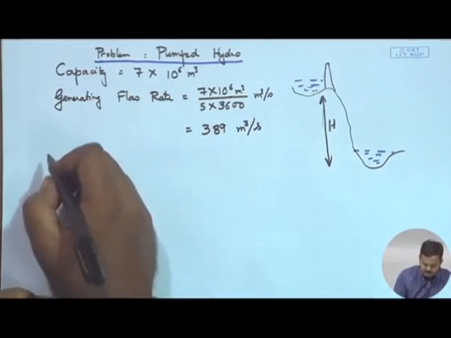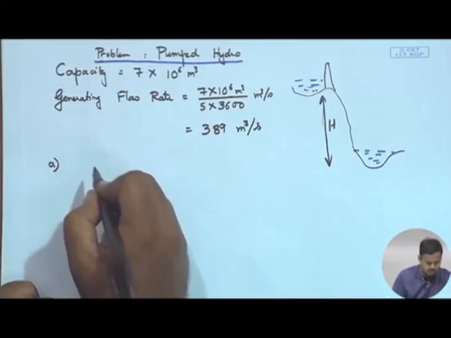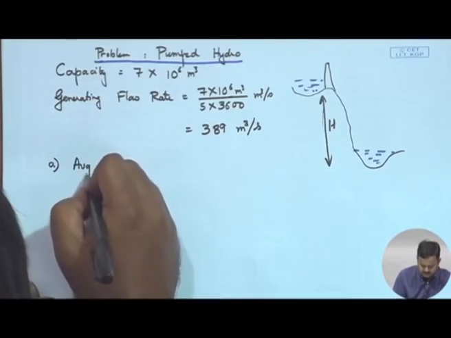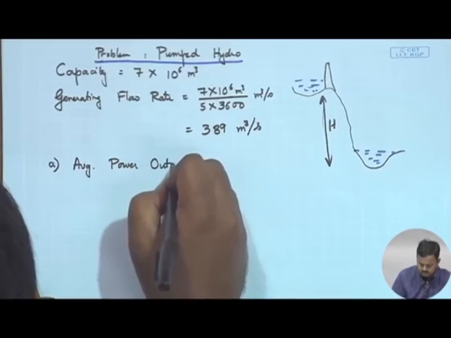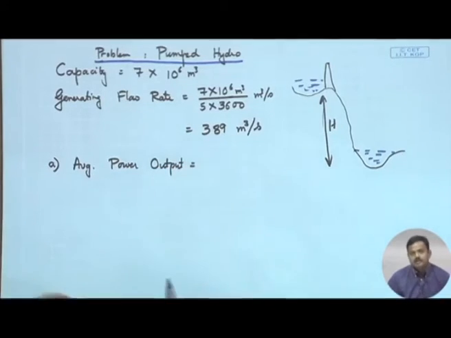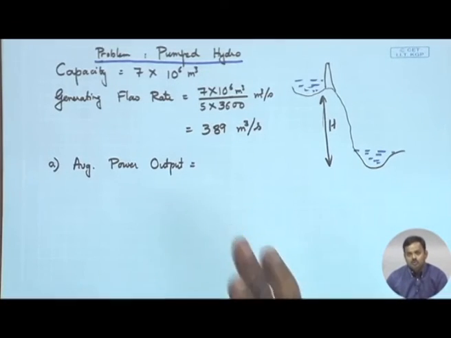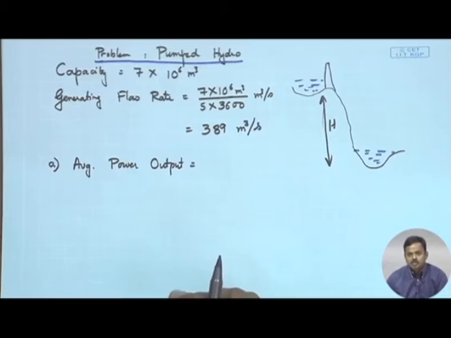So, what have we asked for? We are asked what is the average power output. What is that going to be? Power is, we know, volume flow rate times pressure drop.